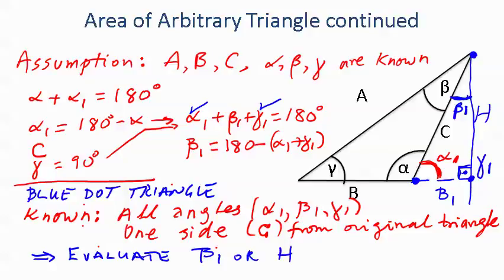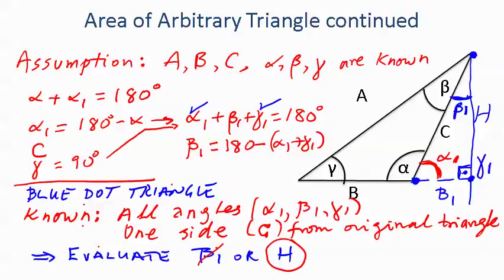And somebody is going to say, hey, who cares about evaluating B1 at this stage, right? All I'm interested in is H, because the area is B times H divided by 2.